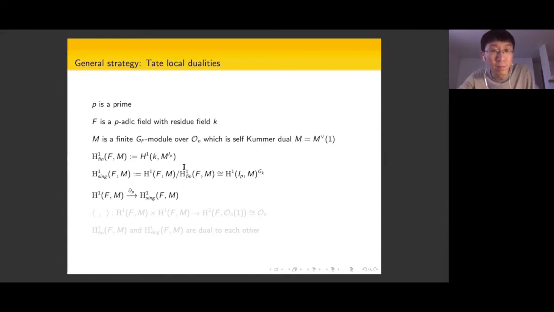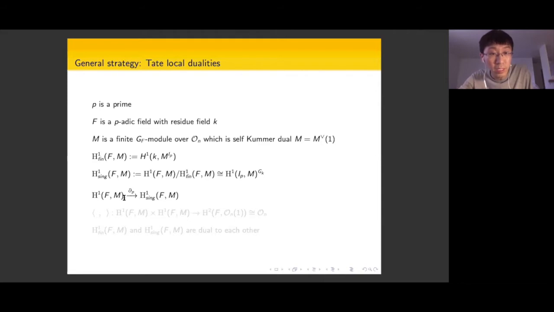The finite part inflates into the Galois cohomology of F, and by the inflation-restriction exact sequence, the singular quotient can be computed as this. Here I_F is the inertia group of F, and G_k is the Galois group of the residue field.